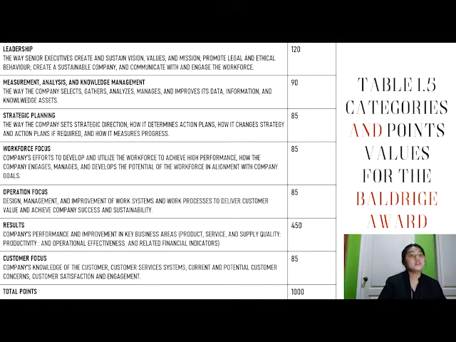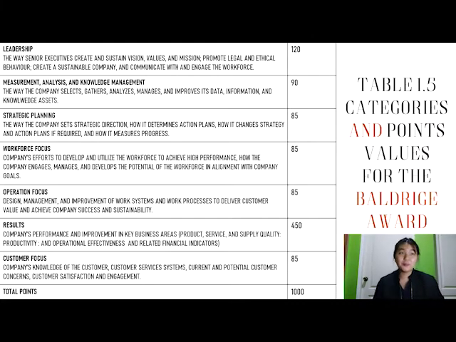For 85 points, strategic planning: how the organization establishes and plans to implement strategic direction. For 85 points is the workforce focus. It is how the organization empowers and involves its workforce.